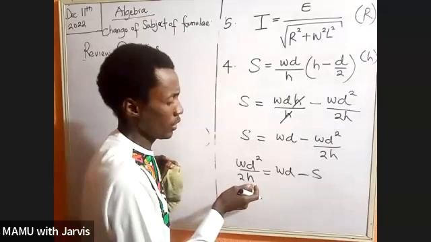So I'm going to have 2H over WD squared equal to 1 over WD minus S. So at this point, this one can equal WD squared all over WD minus S. I don't need 2, so 2 will divide this. So H will now be what? WD squared all.